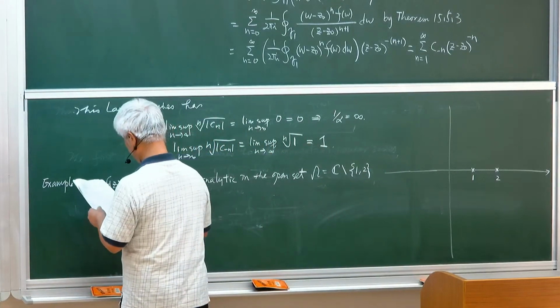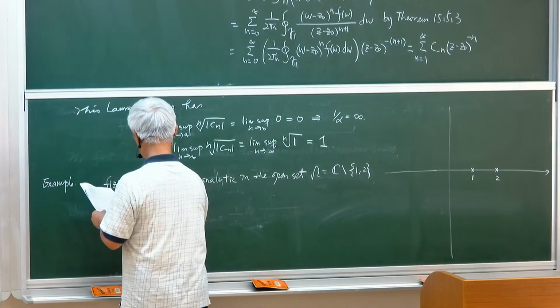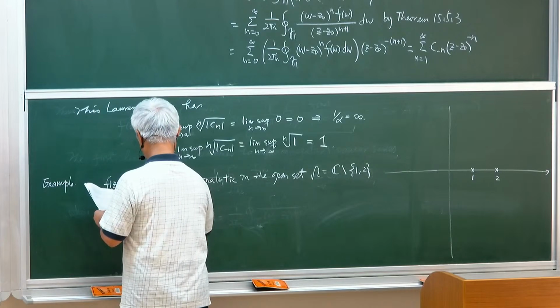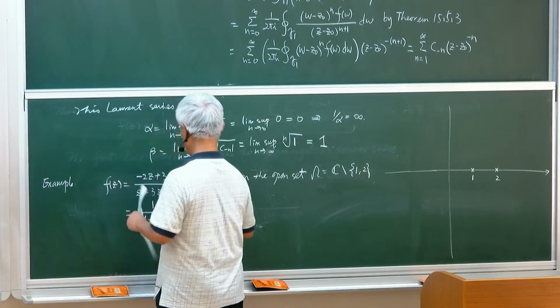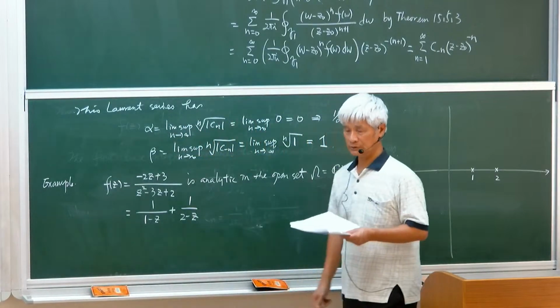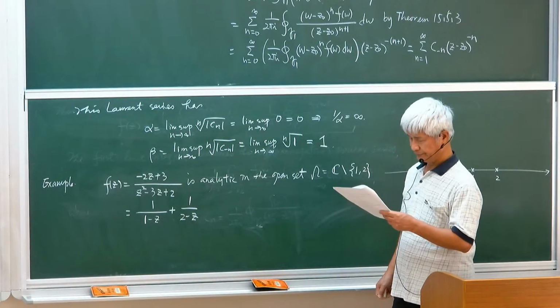And by partial fractions, we know this is 1 over 1 minus z plus 1 over 2 minus z. So it's the sum of two rational functions.